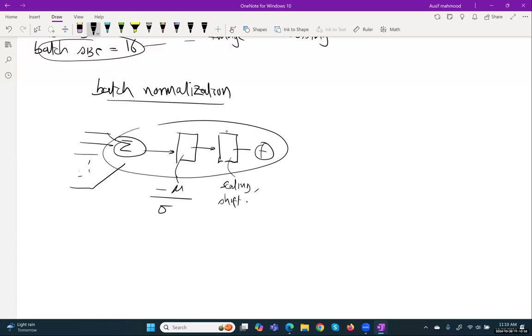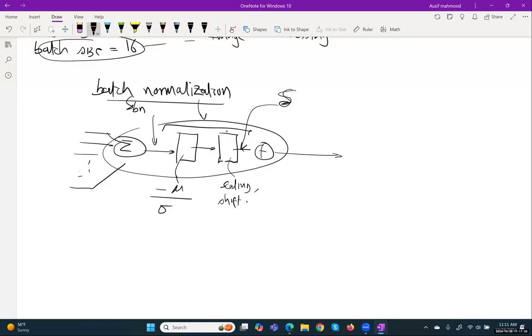So the question was, how does this addition of the batch normalization sublayer change our training? Because previously, remember, it was easy to compute the delta over here. So we said, okay, let's create one more. We called it delta BN, if you remember from one of our previous lectures.